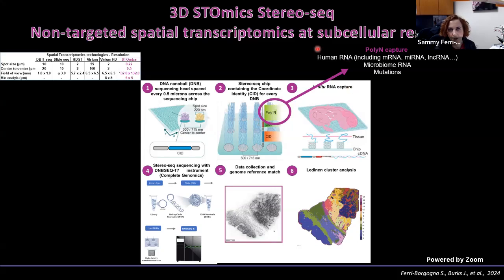What does it mean? That you can not only capture human RNA, but you can also capture miRNA, long non-coding RNA, and also non-human RNA. So you have the potential to see microbiome and viral RNA, as well as mutations and repeated elements with deeper sequencing.